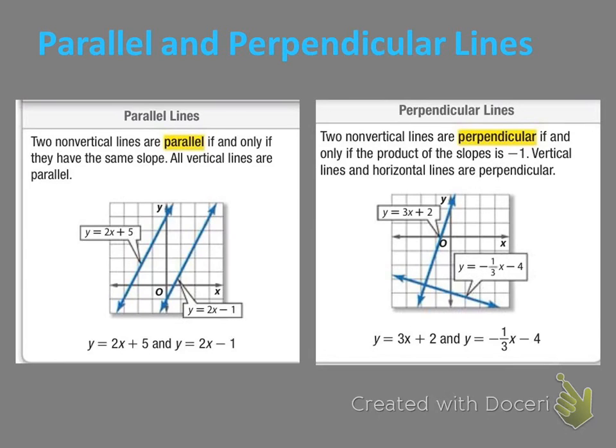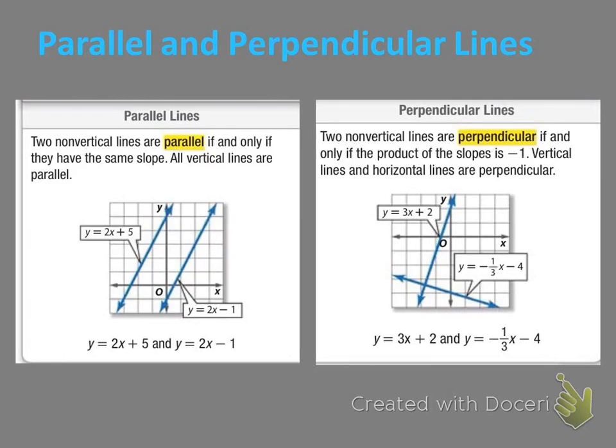Which moves us on to parallel and perpendicular lines. Ta-da. All right. Parallel lines have the what? If two lines are parallel, they have to have the same slope.